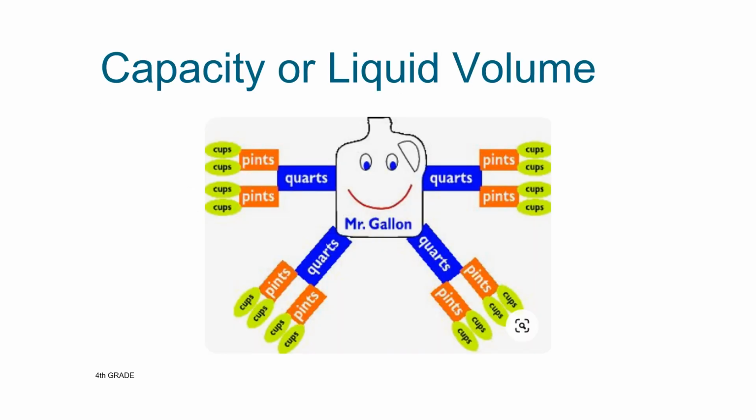In third grade, you might have learned about Gallon Man, or maybe you learned a story called The King of Gallon. Take a minute to look at the picture and think about that story and what the picture tells you.